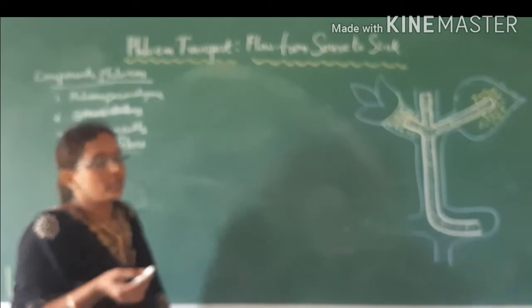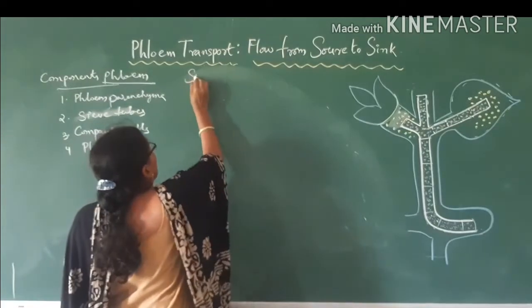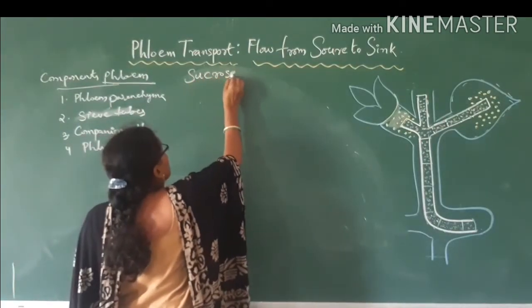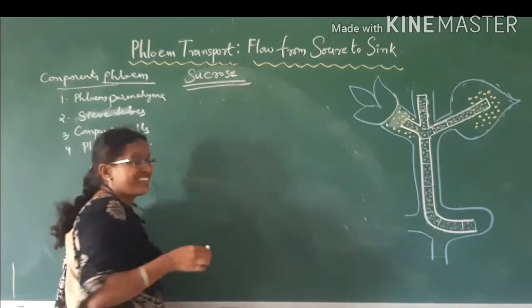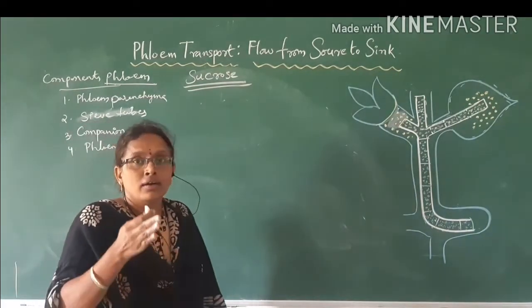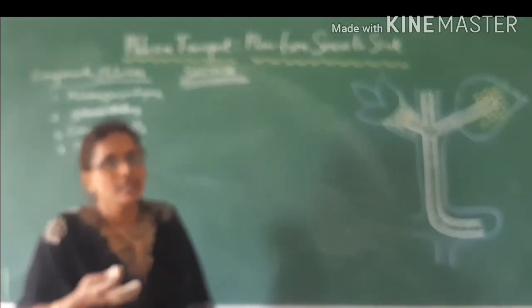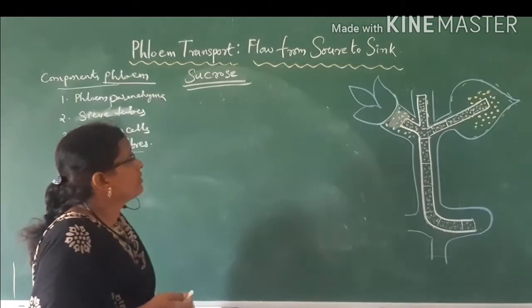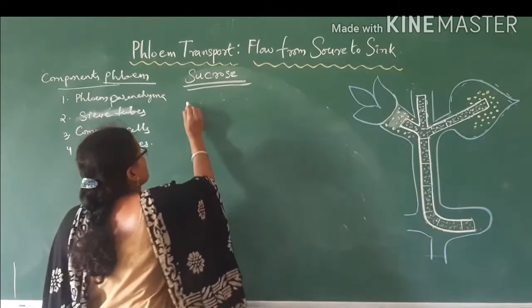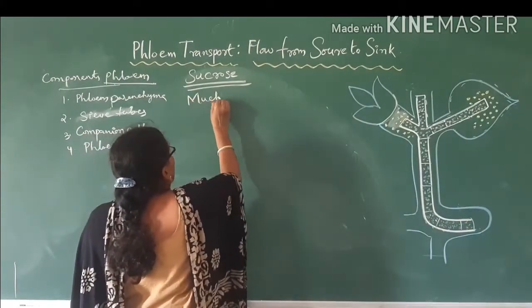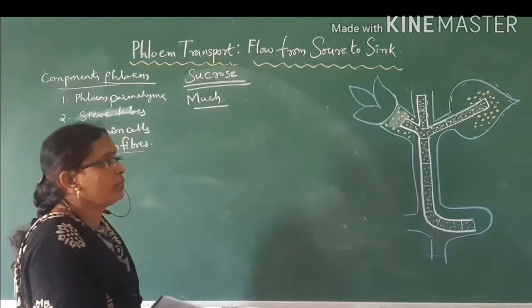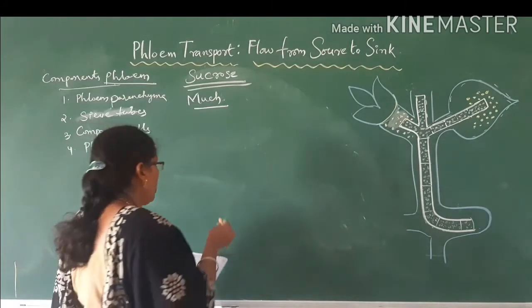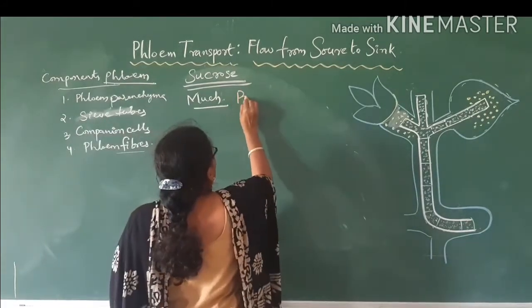So how are the food materials transported? How is the sucrose transported in the plant from the source to sink? The hypothesis is given by the scientist Munch, the pressure flow hypothesis.